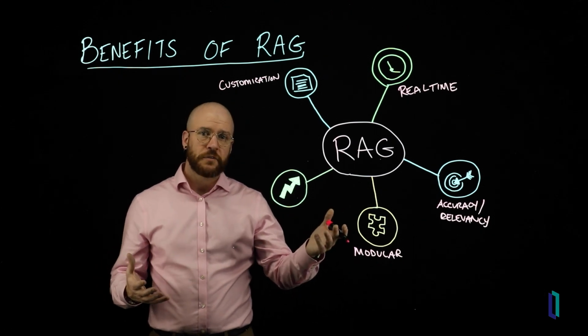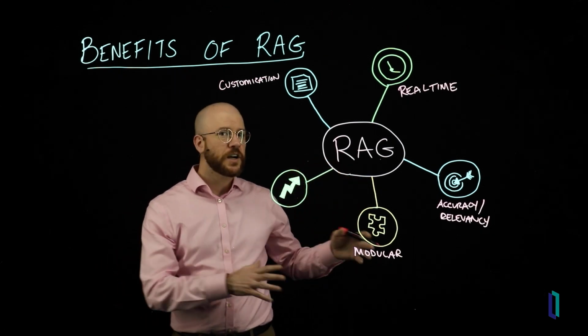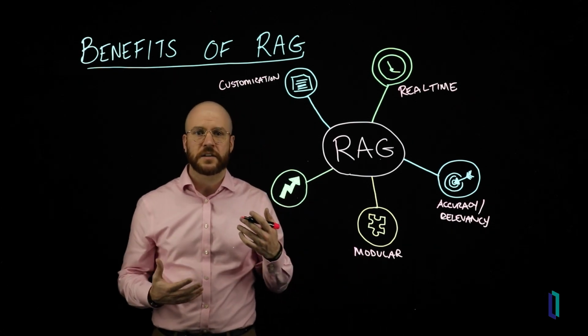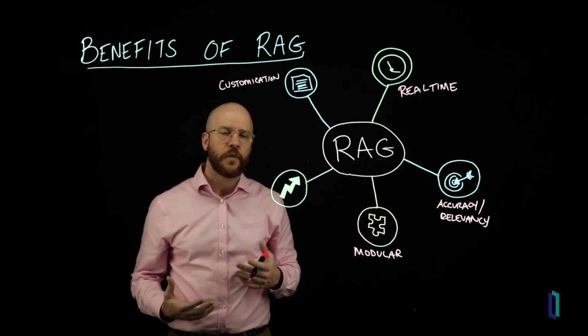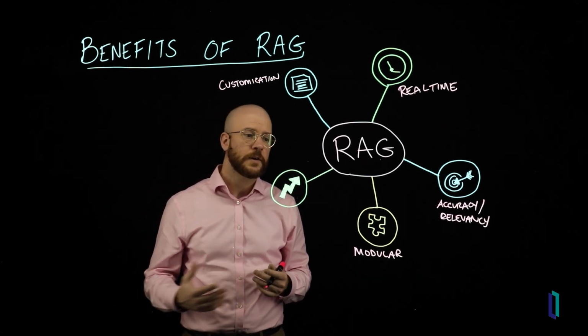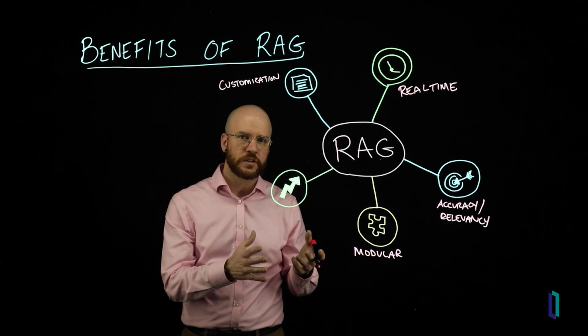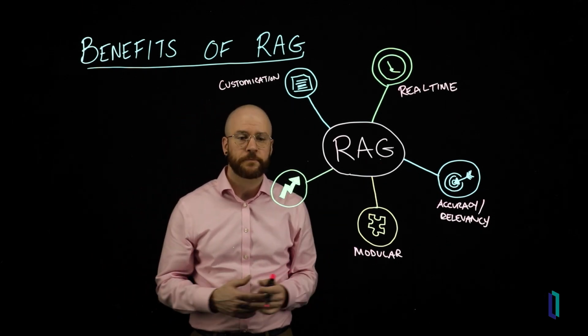By the modular nature of a RAG application, you can tweak the retrieval mechanism in your application without touching the rest of it. And that way you can adjust the weights of what similarity searches are going to be done and how that information is going to be augmenting the responses that the application gives. And so by having this modular architecture, you can make adjustments to one piece without having to overhaul everything.